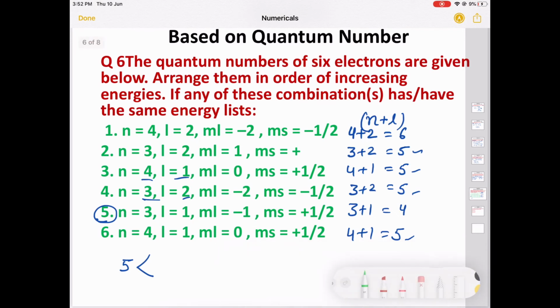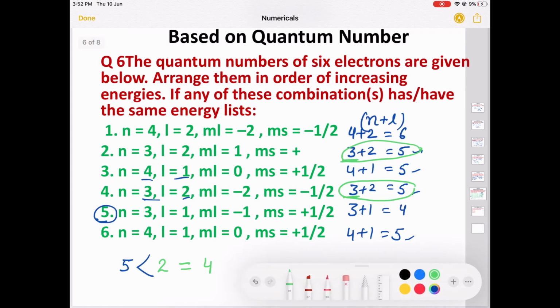For this 5, n is 3, for this n is 3. So these two orbitals are having the same value of n and l. So these two orbitals are having the same energy. So 2 is equal to 4.